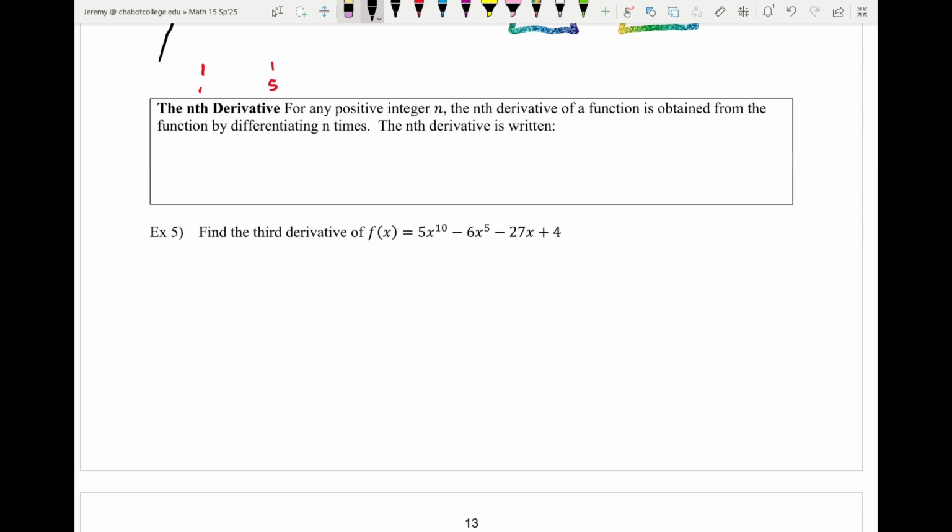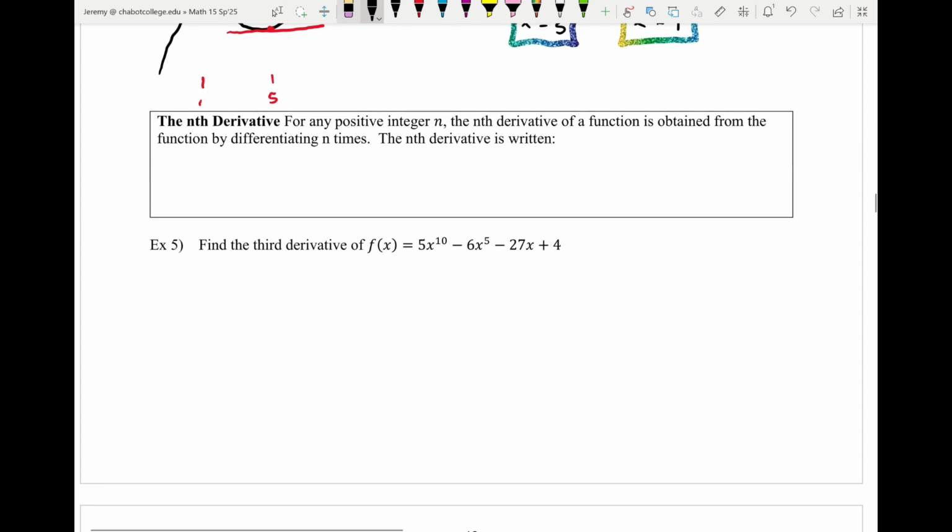So the nth derivative, for any positive integer n, of a function is obtained from the function by differentiating n times. The nth derivative is written either like this, if we're using the prime notation, f with a little n up there, or sometimes we'll use tick marks, as we'll see in the example below, of x.